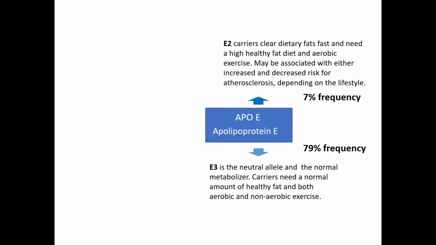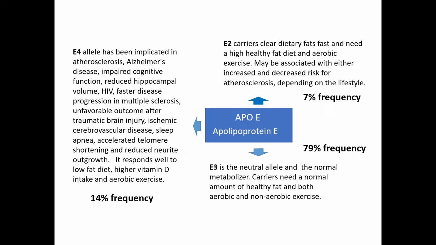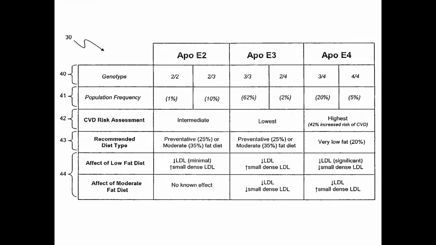There's an E2, there's an E3, and there's an E4. Now, is this something that NCLEX is going to ask you about? Absolutely not. Is this something that I'm going to require you to memorize? Absolutely not. What I want you to understand is the concept here and how it's important, because what we communicate to our patients could actually kill them or make their condition worse. Let me explain this in a quick second.